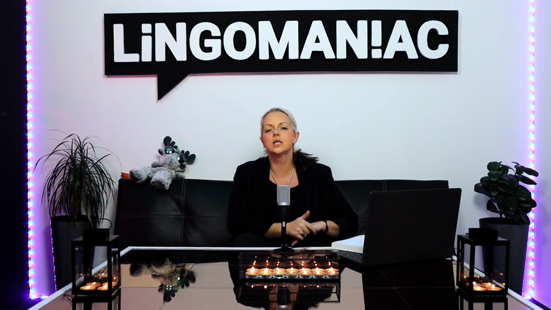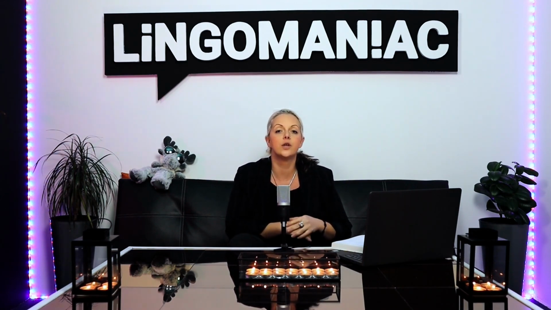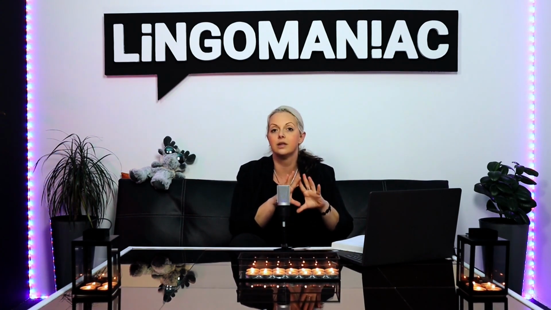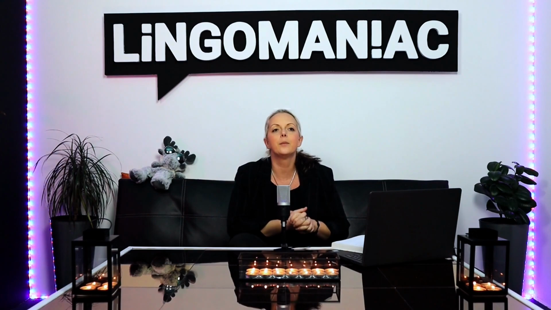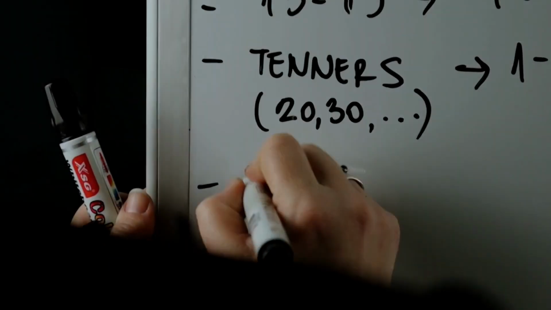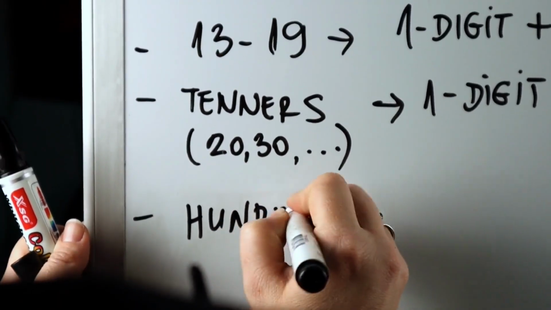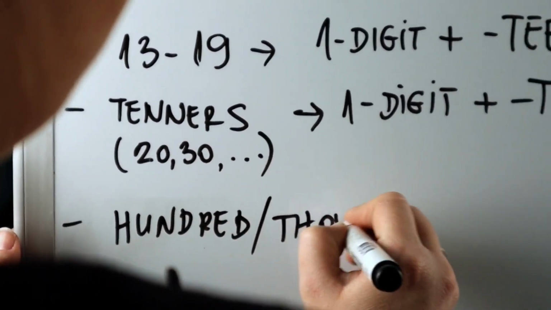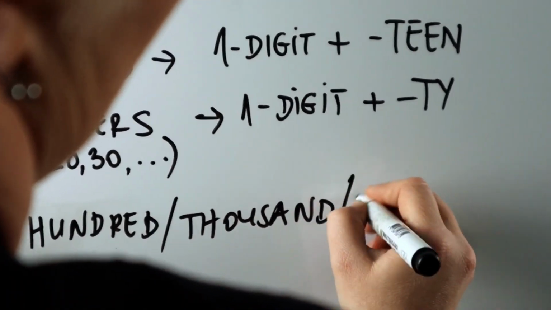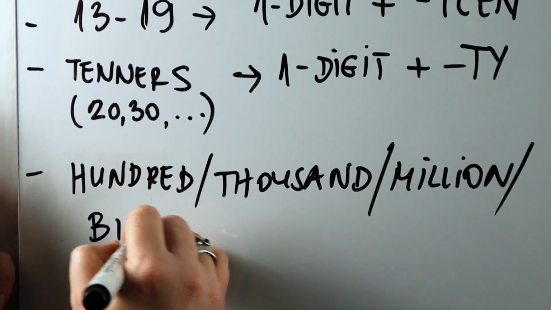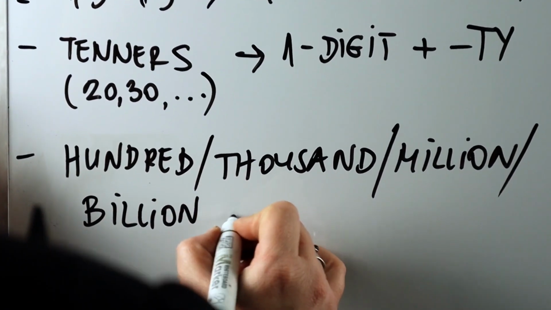Now, when we are talking about numbers which have in their form 100, 1,000, million, billion, those numbers can never be in the plural. Generally, cardinal numbers cannot be put in plural forms. Why?